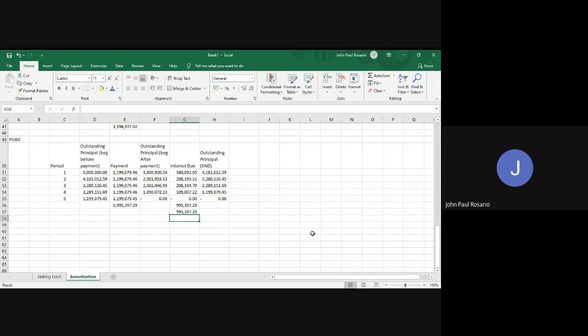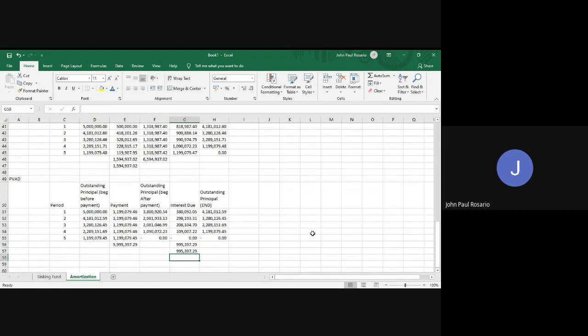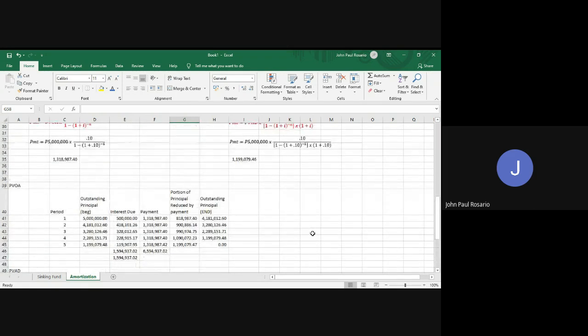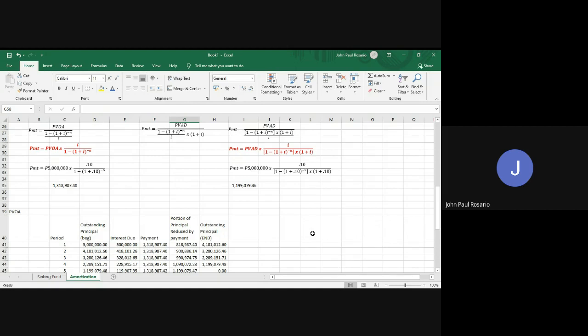Now, why do we teach you the tables or the amortization schedule when we have already taught you the formula for present value of annuity due or present value of ordinary annuity?